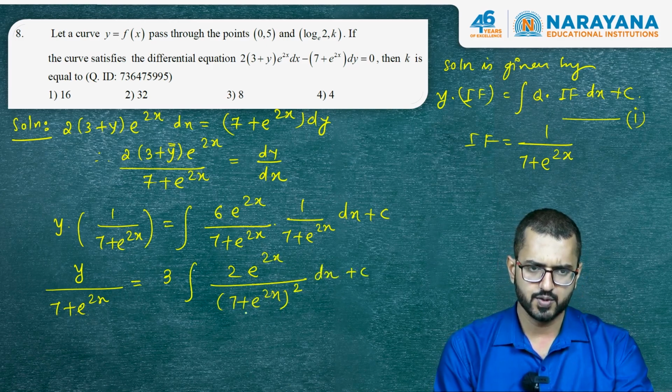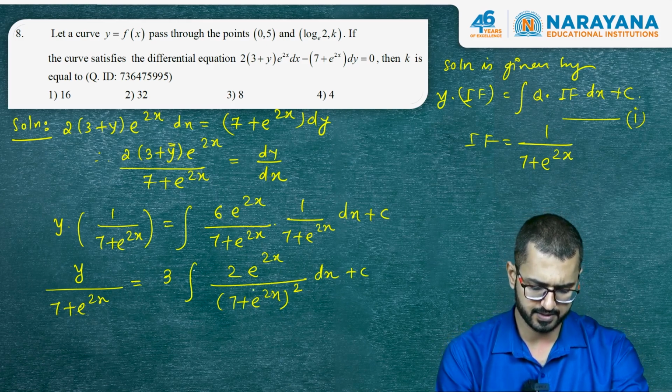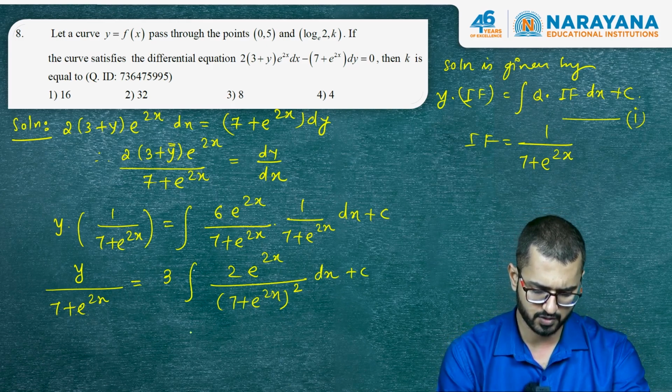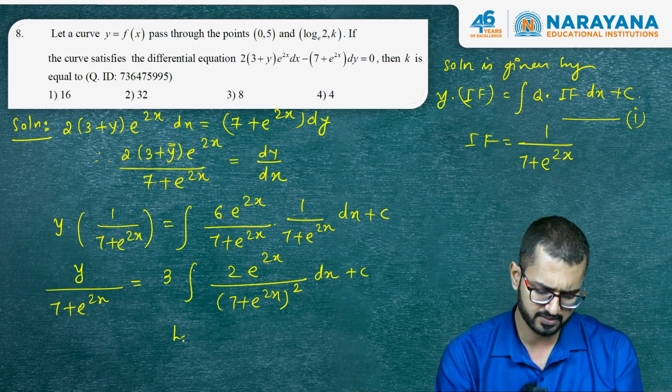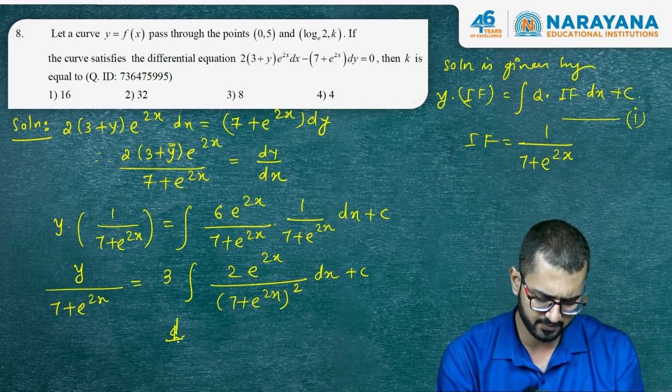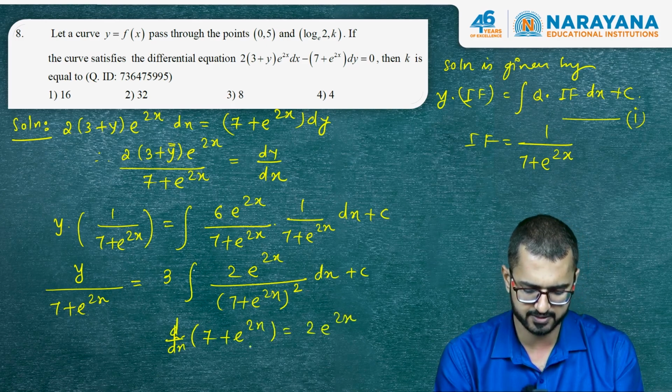So now the task is to find the integration of this term. No substitution is required, I guess, because if you see the derivative of 7 plus e power 2x, it turns out to be 2 into e power 2x.